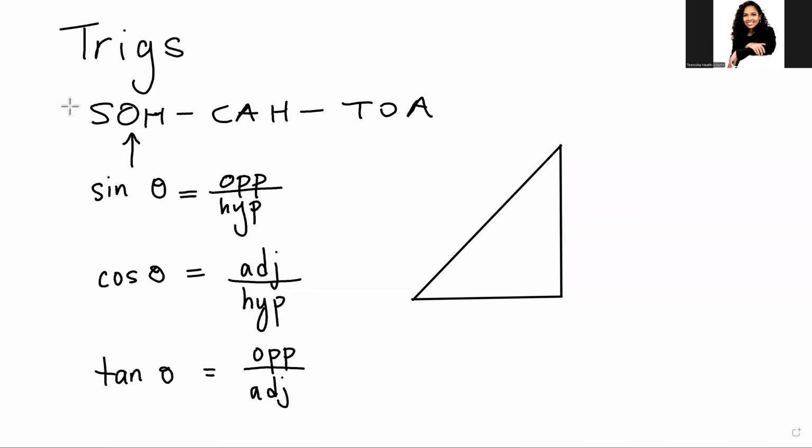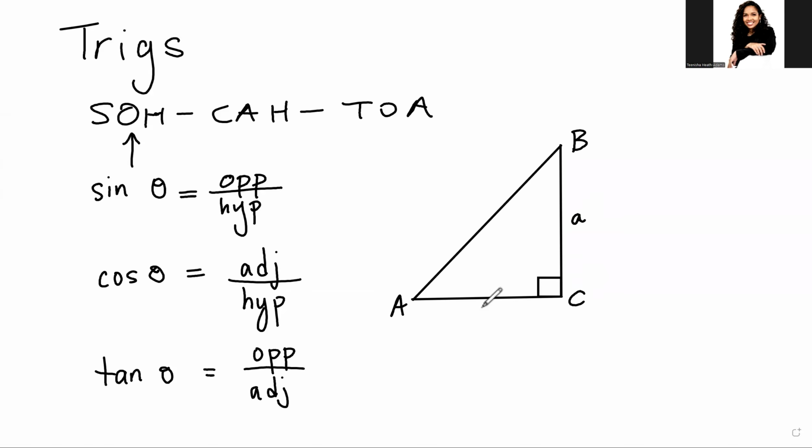So if you have a right angle triangle, let's say this is my right angle triangle here, and let's say this is A, B, C. So this is triangle ABC. The side opposite A will be small a.